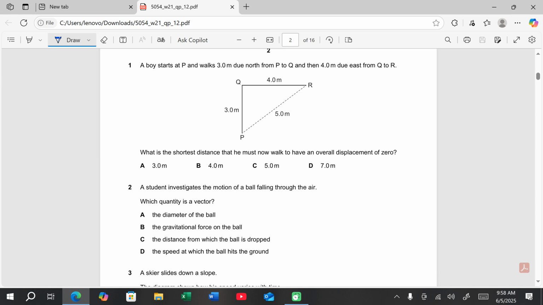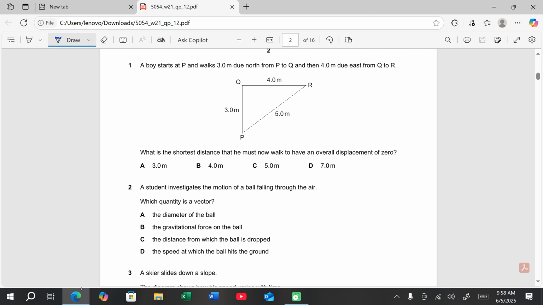It says a boy starts at P and walks 3 meter due north from P to Q and then 4 meter east from Q to R. What is the shortest distance that he must walk to have an overall displacement of 0?